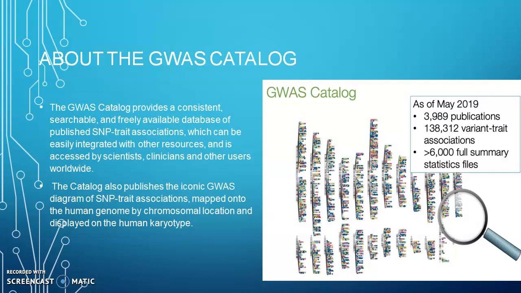They can be easily integrated with other resources, and they can be accessed by scientists and other people worldwide. It's very accurate, and the amount of information that this specific catalog has on it is exponential. They also publish this iconic diagram with the SNP trait associations mapped on the individual human genome, and so it will give you the specific chromosome location displayed on the human karyotype, which is very cool.